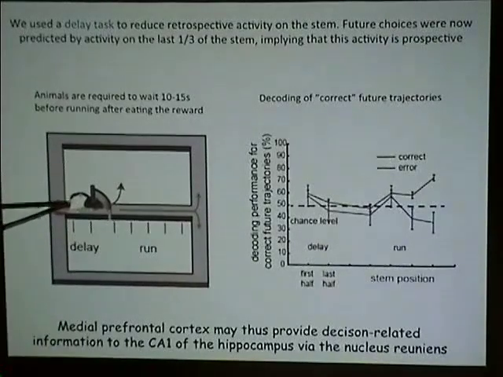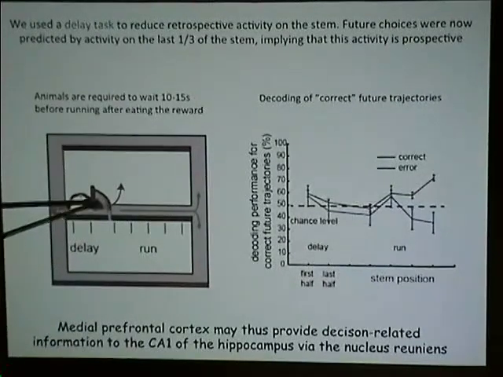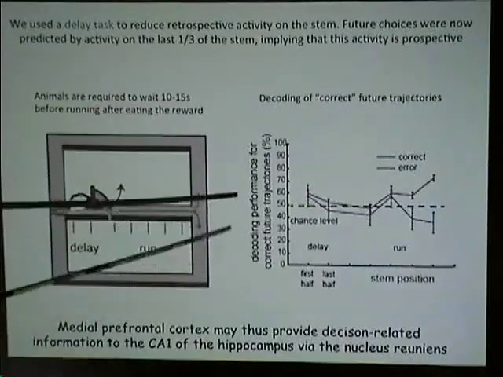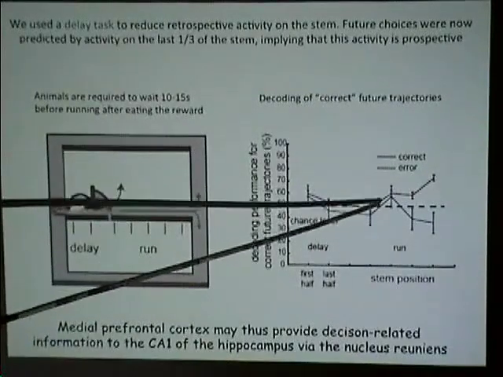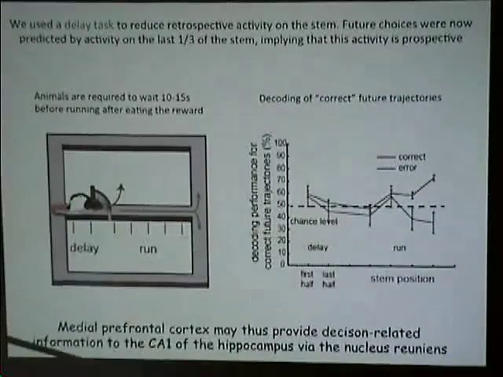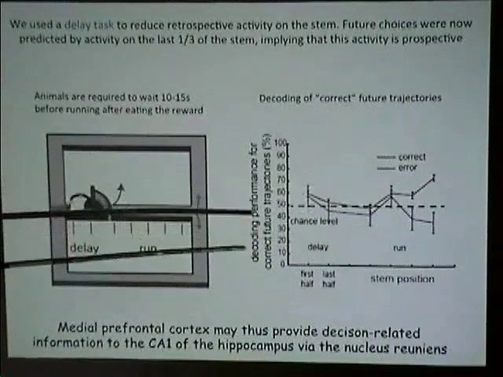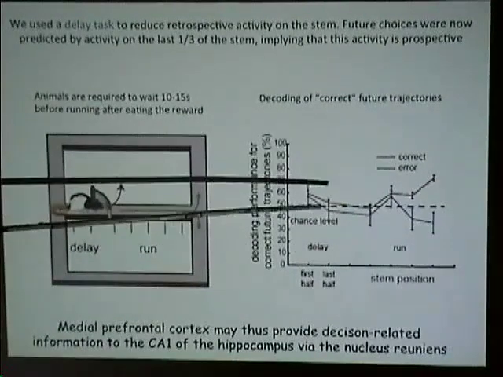So the rat is then, before it is allowed to go down the stem, had to wait for a certain amount of seconds. And then again, he did his prediction. And then what he sees is that at the end of the stem, the predictions of what the animal is going to do, whether it's going to go left or right, increases.